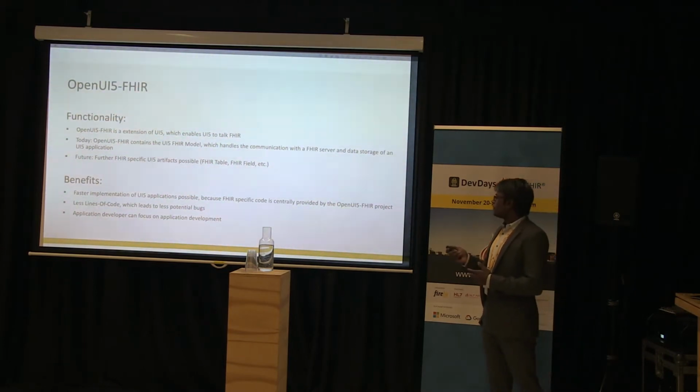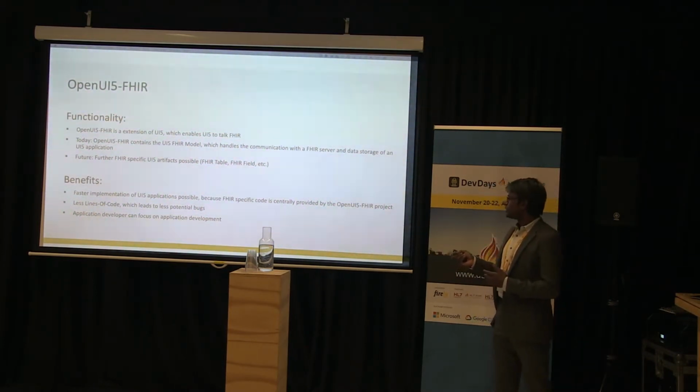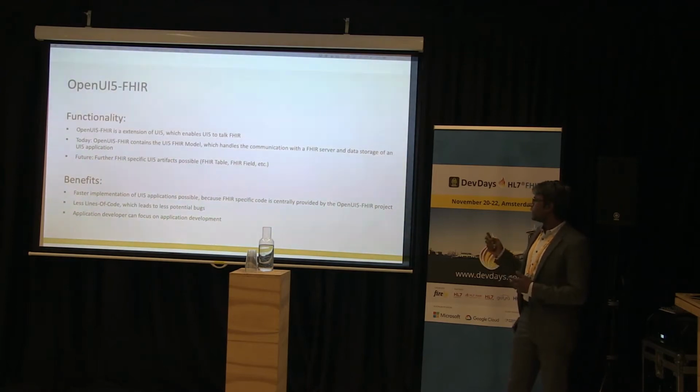Today, UI5-FHIR consists of a FHIR model, which handles the communication with the server and takes care of the data storage needed in the UI5 application. Further enhancements could include building UI5-specific controls focusing on FHIR resources, like tables and fields.